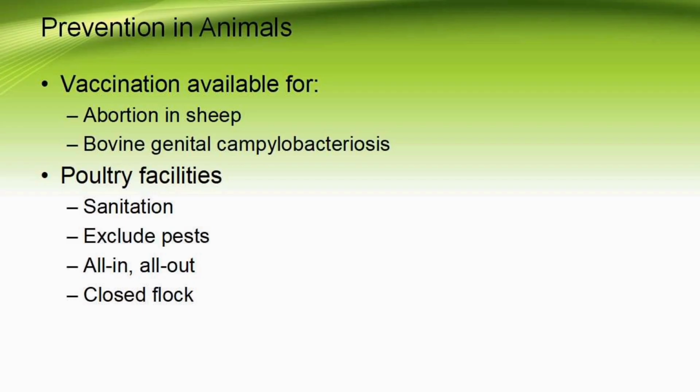Preventive measures in sheep include hygiene and sanitation to prevent fecal contamination of feed or drinking water, as well as management techniques to avoid mixing potentially infected and susceptible pregnant animals. Good hygiene and disinfection should be used to prevent spreading Campylobacter on fomites or abortion products during an outbreak.